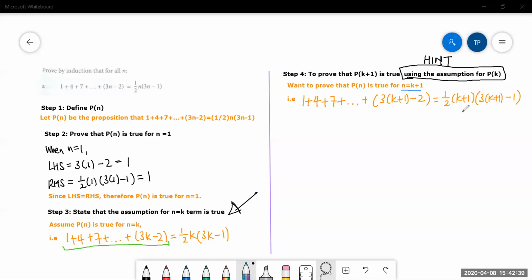Equals to half (k plus 1)(3k plus 1). Plus 2, okay. Now we are going to work from our left-hand side.